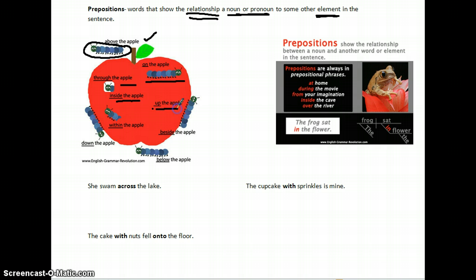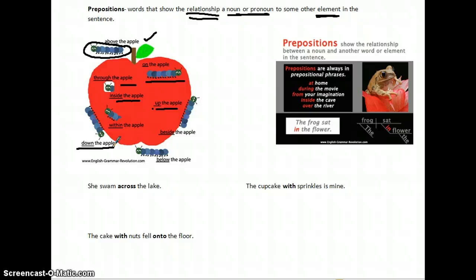Maybe it's crawling up the apple, or it's crawling down the apple. In all of these cases, we're just understanding the relationship of the apple to the caterpillar, okay? And that's what we mean by relationship, okay?